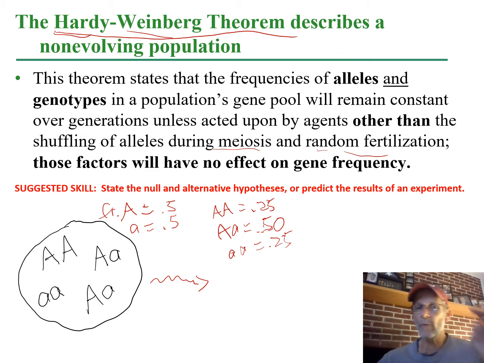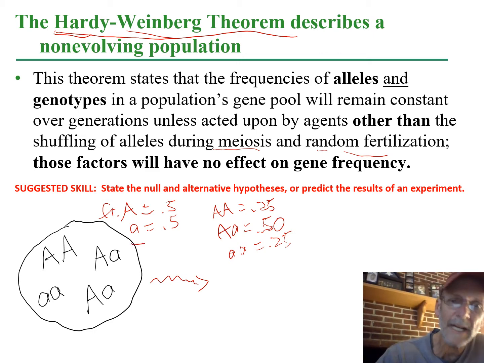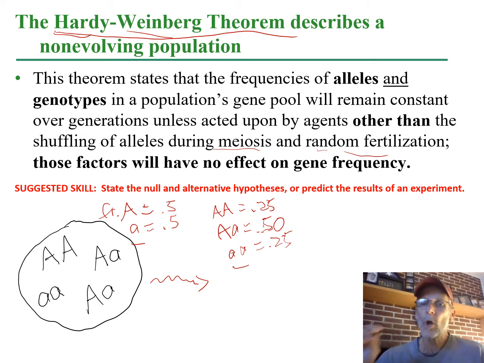Part of the Hardy-Weinberg theorem is that these numbers, both the gene frequency and the genotype frequency, won't change just because of births and deaths, just because of the variety that sexual reproduction involves. These genes will get shuffled up.